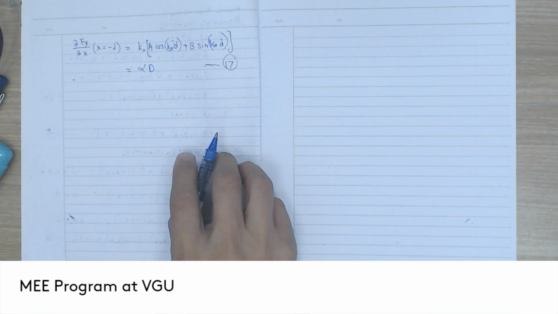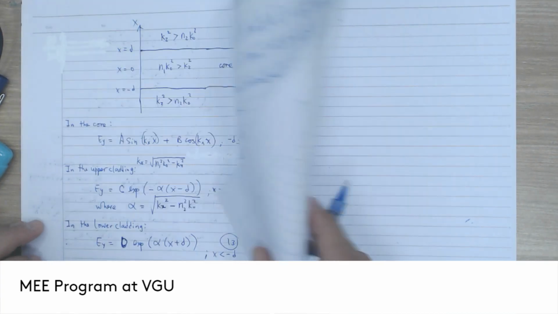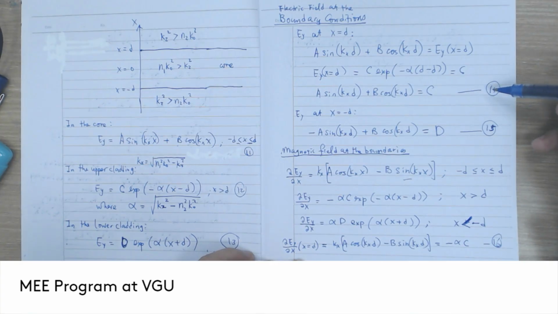So now, what we are going to do is to extract some equations. First of all, we try to get the sum and difference between these two equations.